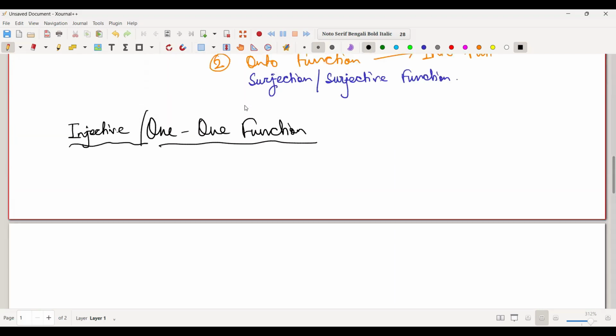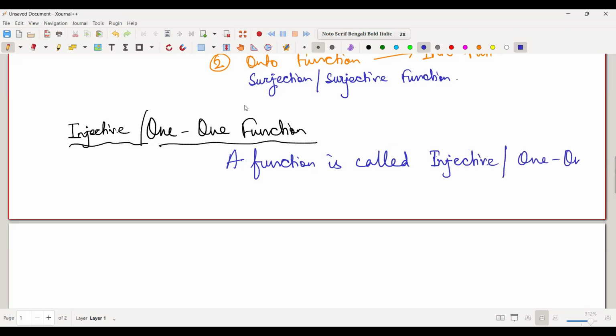So the definition, in words, if we write it: a function is called injective or one-one function.